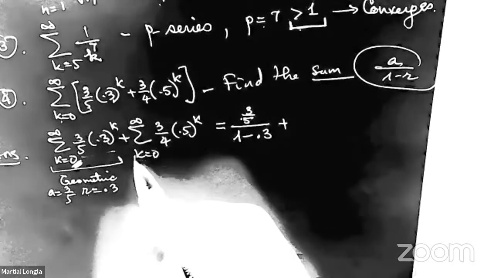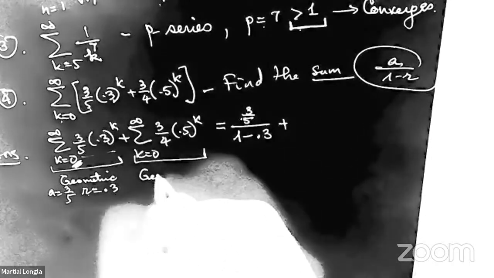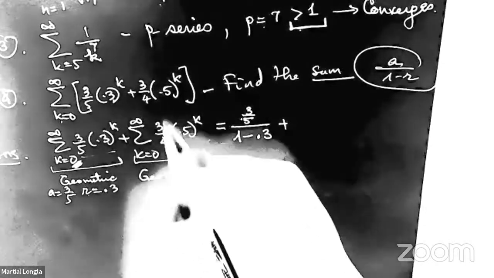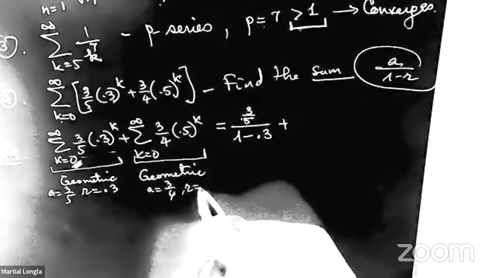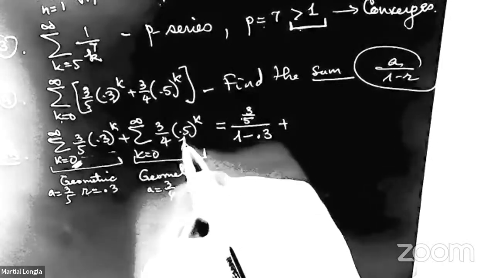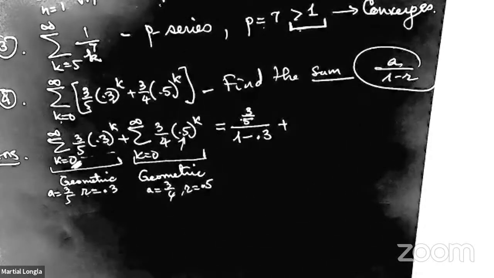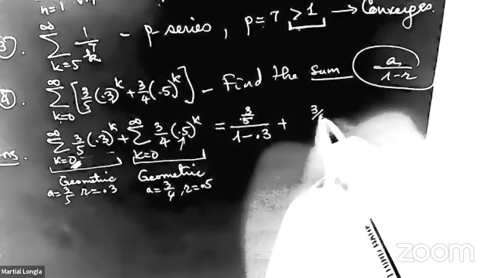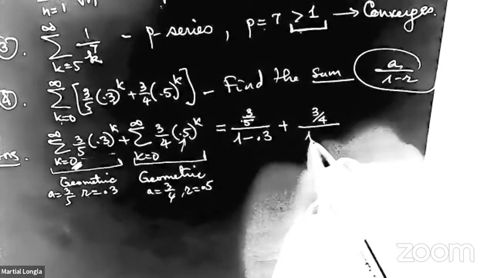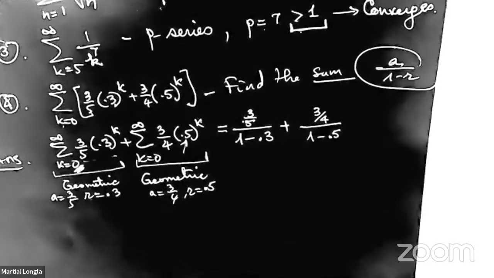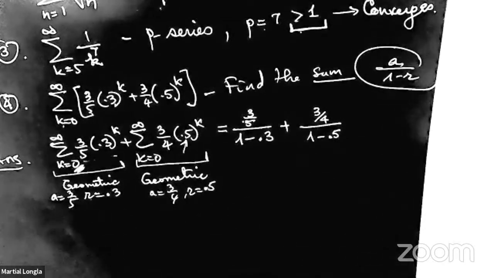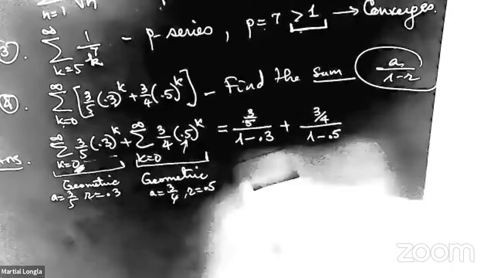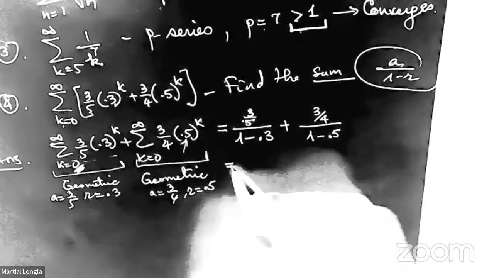Plus, for this one, this is also geometric. A is 3/4, R is 0.5. So this is the A of this one, 3/4, over 1 minus the R of this one. That's it. If you want to do the algebra, you can do it, but I really don't need it.